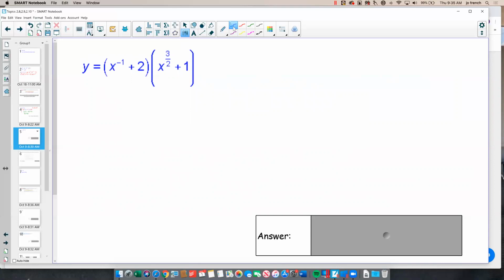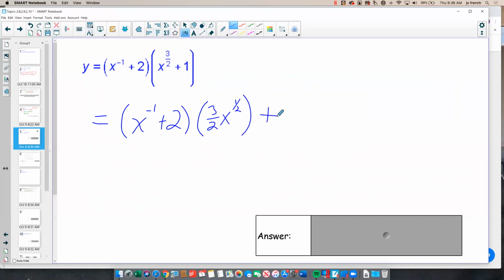use our formula. My first function is x to the minus 1 plus 2, and then I take the derivative of the second function. And again, we use the power rule, so we bring down the 3 halves, x, and then 3 halves minus 1 is 1 half, and the derivative of the plus 1 is just 0 because the derivative of a constant is 0.